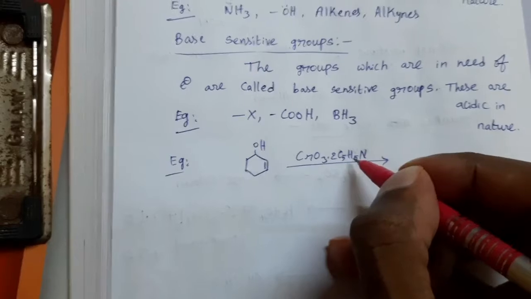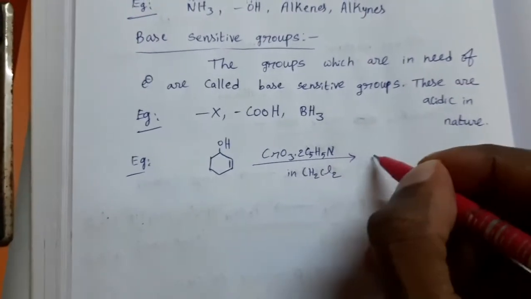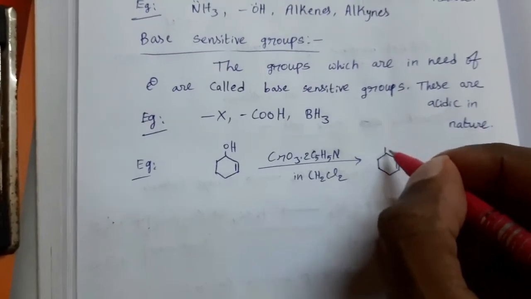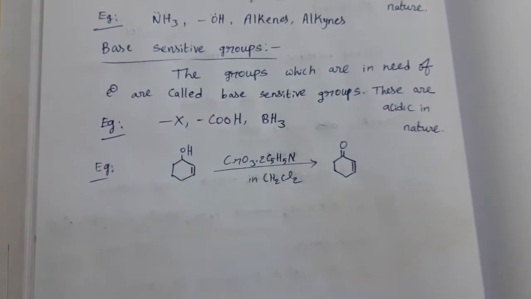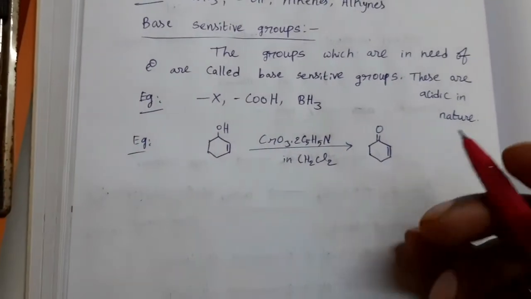This is the pyridine formula, C5H5N, in CH2Cl2. Then we get this one, keto group. OH group is converted to keto group.